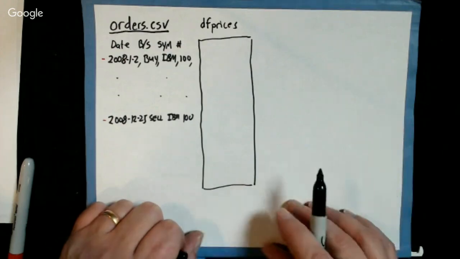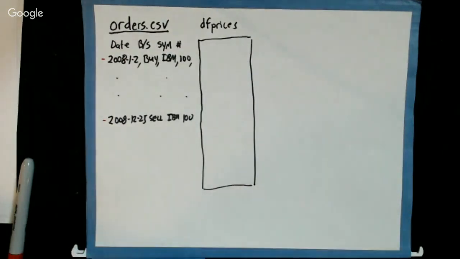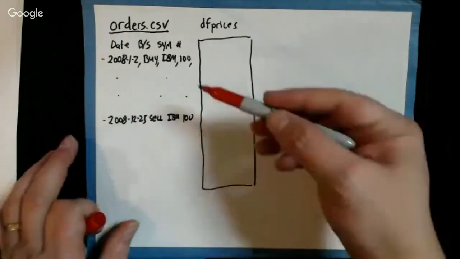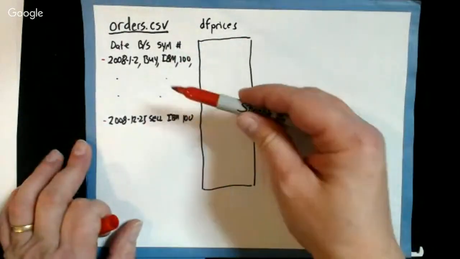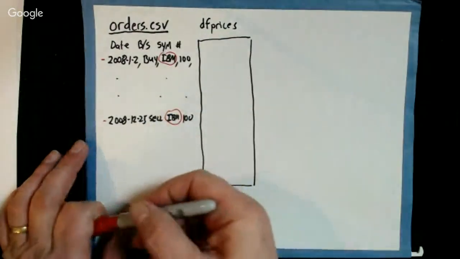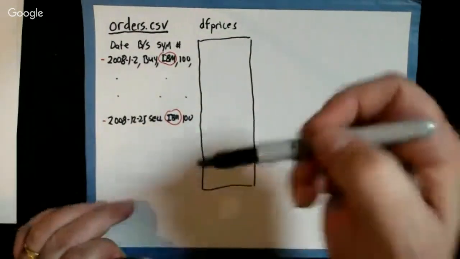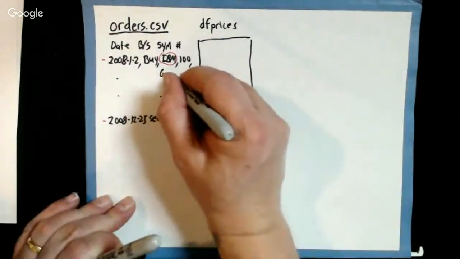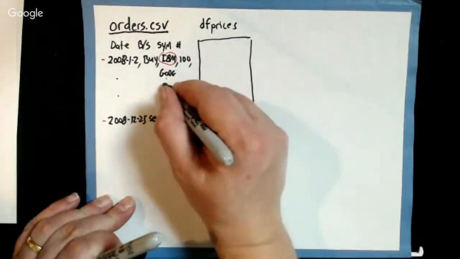Question is, which symbols should you read in? So you need to also scan this orders file to find all the symbols. And let's put 1 or 2 more in there. Let's say we had a trade for Google as well, and maybe for GLD.